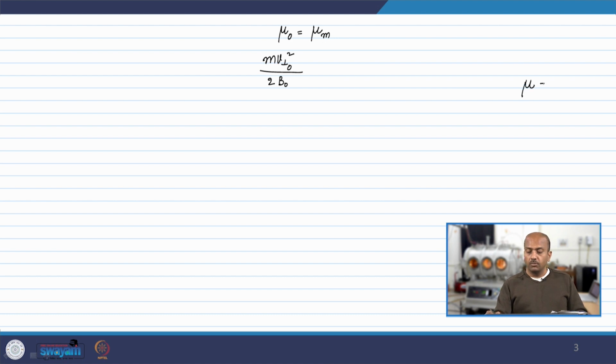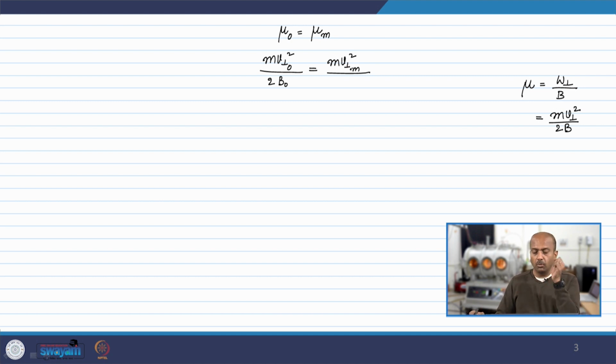We have written mu as W perpendicular by B, or m v perpendicular square by 2B. So there is no point in even discussing the parallel component of velocity here, which will be m v perpendicular m square. Do not be confused with the m that appears in the suffix.